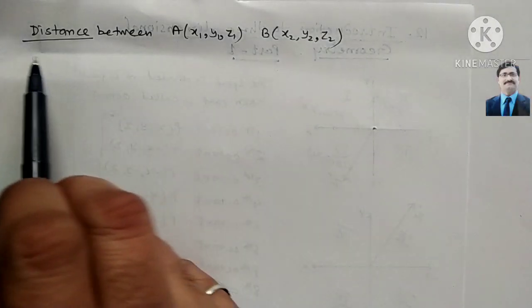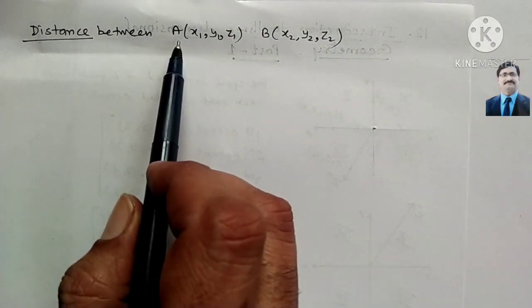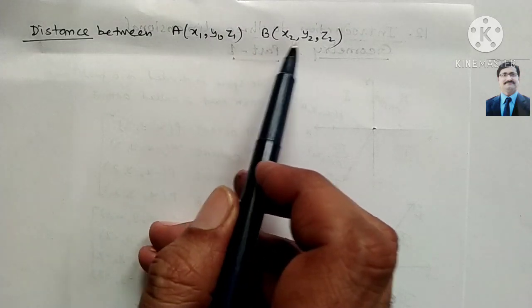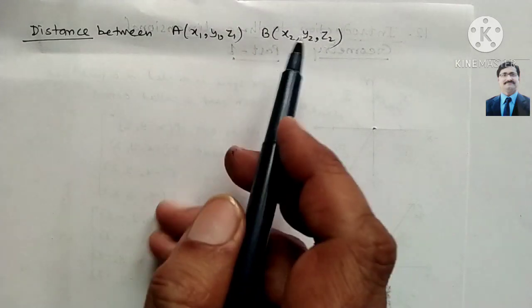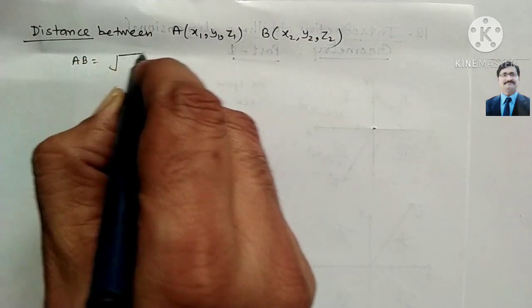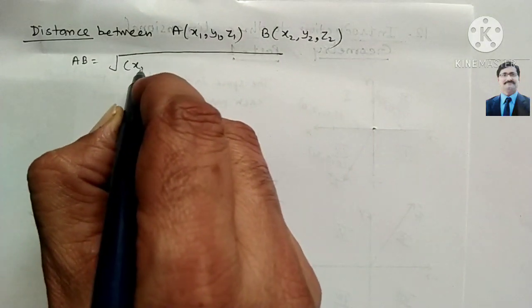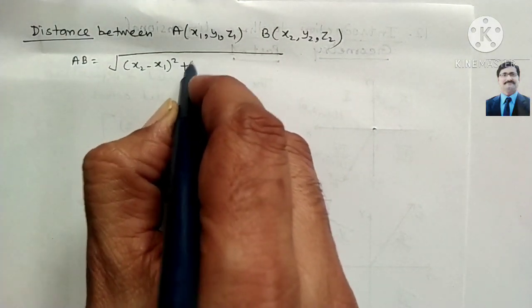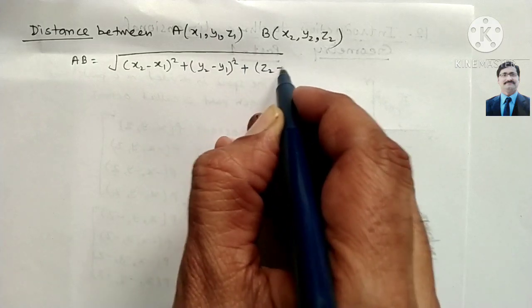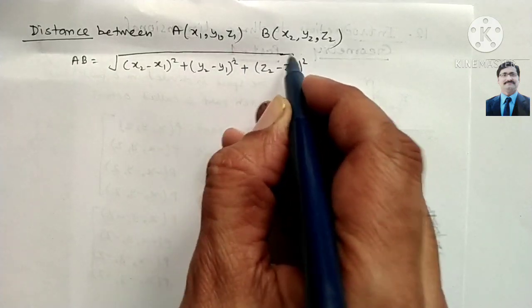Okay, we have to find the distance between a point A (x1, y1, z1) and the second point B (x2, y2, z2). The distance formula is AB equal to root of (x2 minus x1) whole square plus (y2 minus y1) whole square plus (z2 minus z1) whole square. Do you all understand?